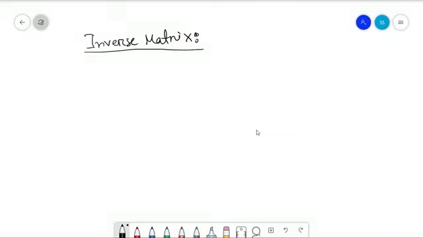Today we will be talking about inverse of a matrix. So let's say you have a matrix called M. It's a square matrix.